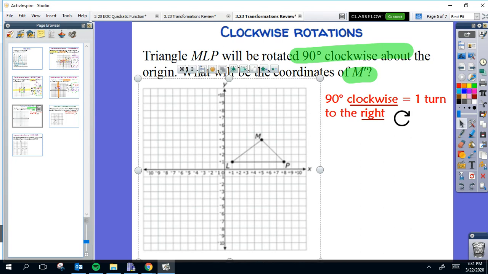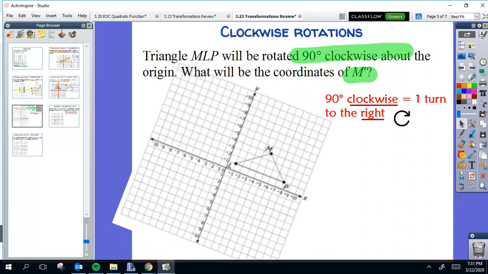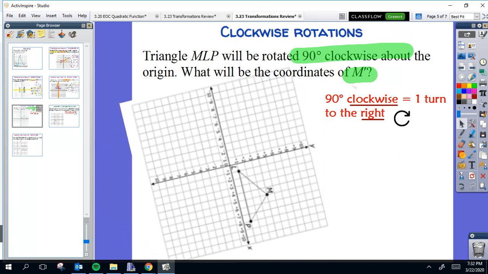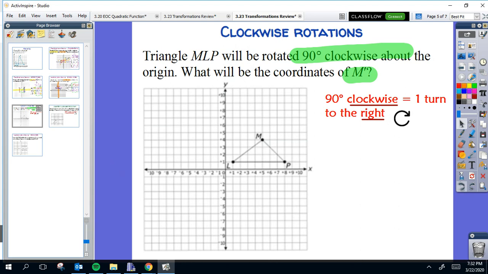So I'm going to take my image right here and I can just turn it. You may need to do that on your computer screens. I'm going to turn it one rotation to the right. So one rotation looks like that. And to the right means that I'm going towards my right hand. So one more time.